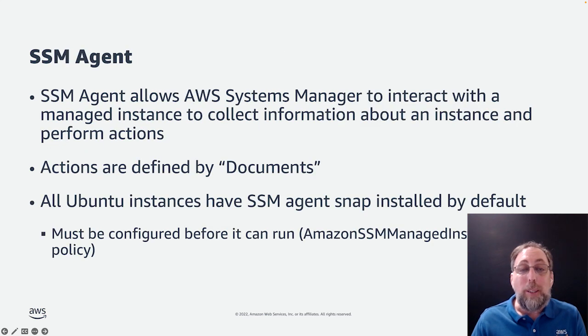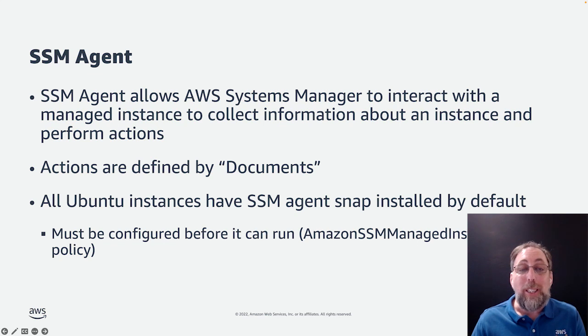To use SSM or any service that integrates with SSM, you're going to need the SSM agent installed. Now, the good news is that all Ubuntu images on AWS include the SSM snap already installed by default. However, because this may be news to you, the SSM agent is not running by default. It has to be configured before it can run.